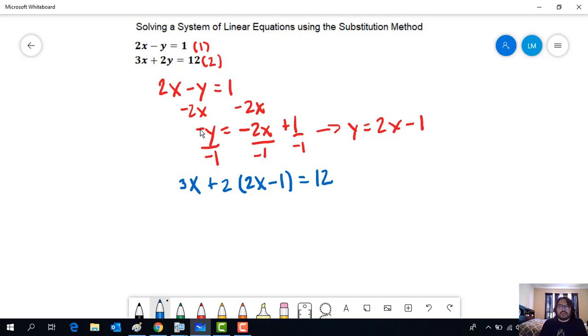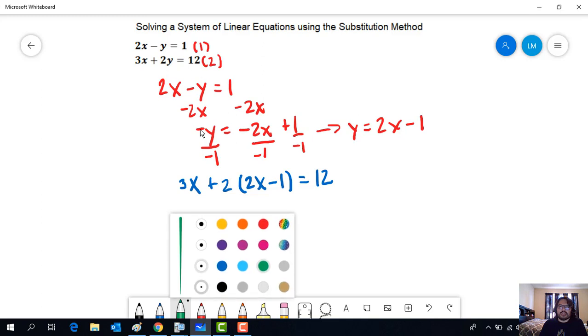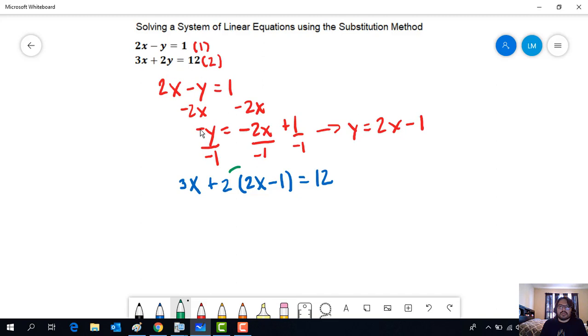So what we can do next is to distribute across the addition. So all that we're going to do is distribute over here and distribute over there.